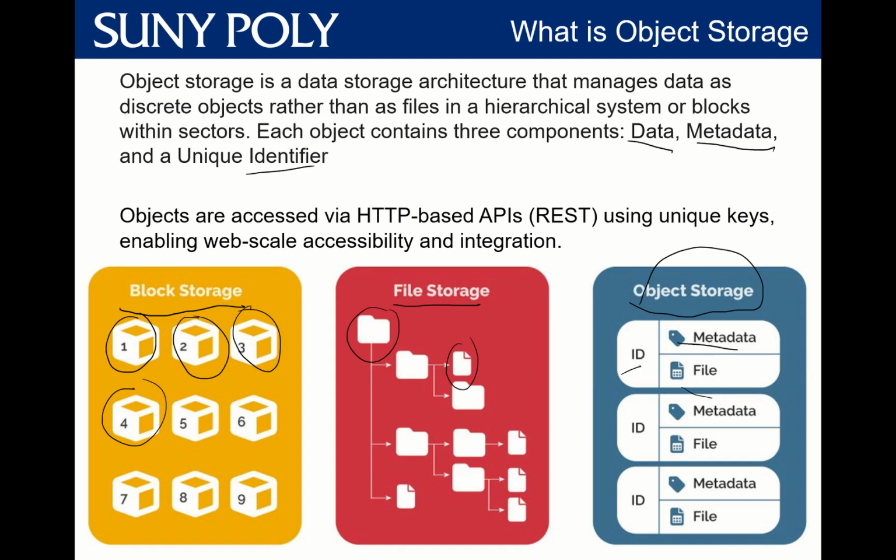In Azure, there is the Azure Blob Storage. And in Google, there is Google Cloud Storage. All of them are object storage, so every time you save some data, it will be stored as an object with these three elements.